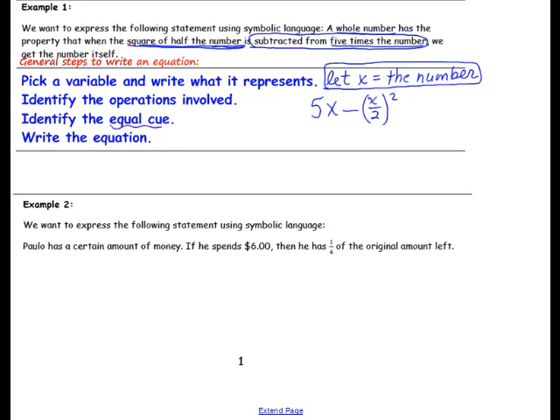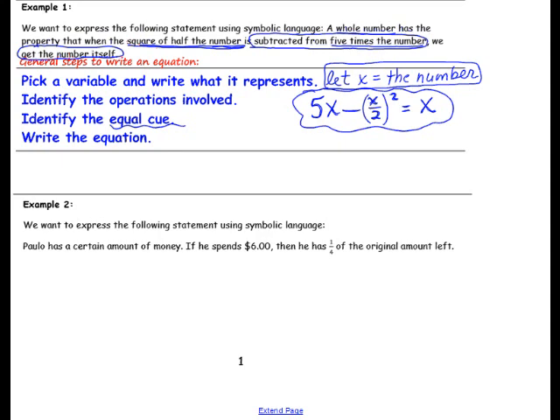Well, that is our equal cue. What is it equal to? We get the number itself, and the number is the variable x. So this is the square of half the number subtracted from 5 times the number, and we get the number itself. So this is our numerical expression or equation.